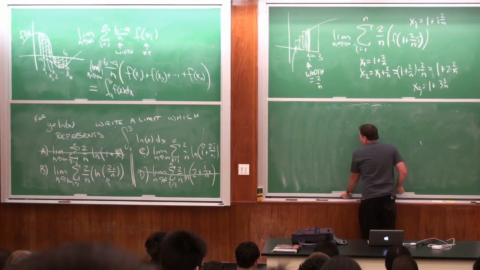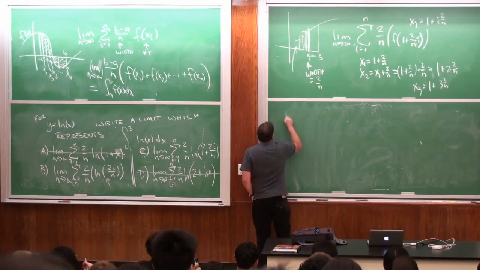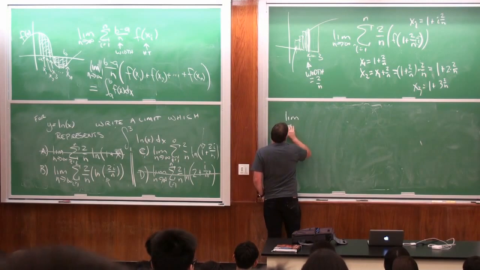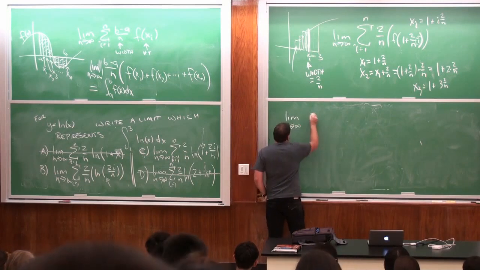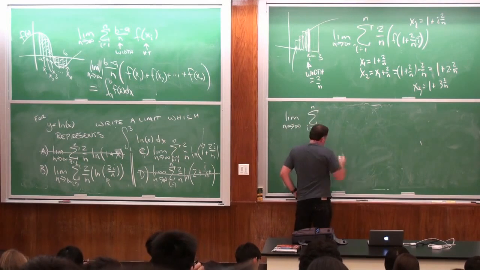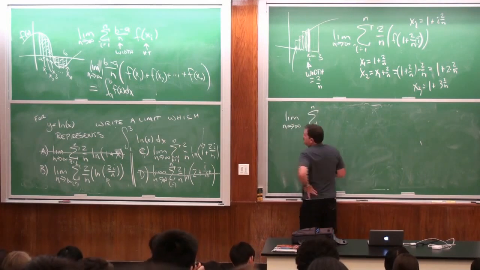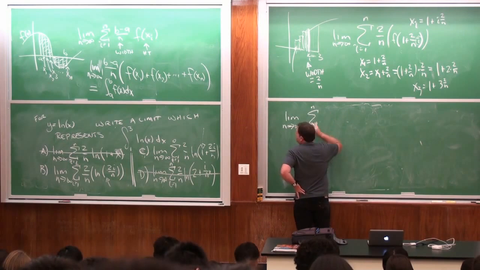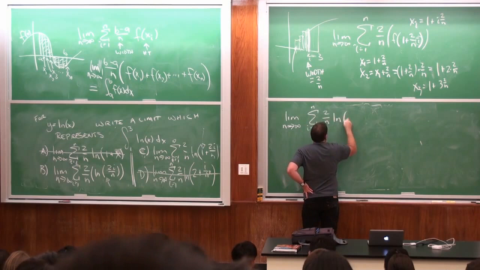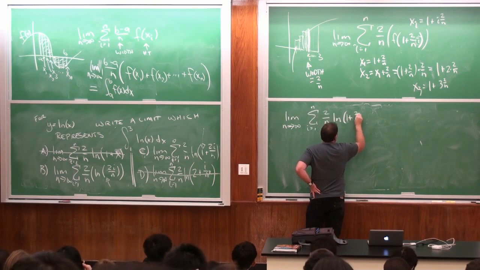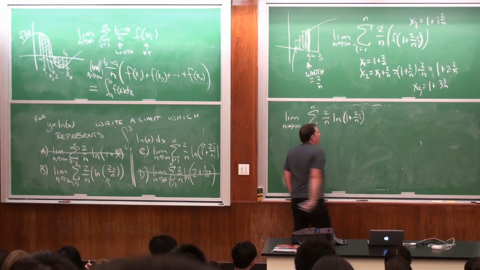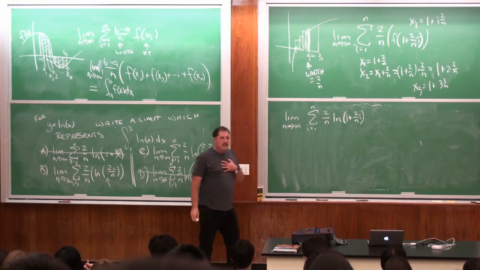Let me turn the question around. Let's actually do the same question. So I have this limit, as n goes to infinity.